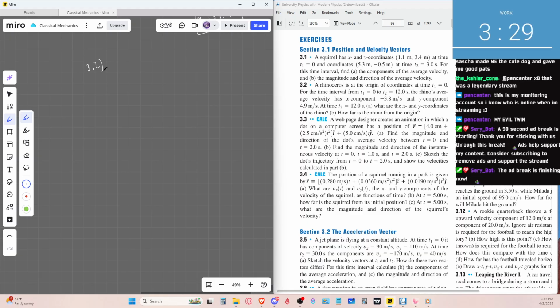Let's see, a rhino is at the origin at time t, so we can just put it as 0, 0. Because I'm thinking it's going to be like y and x. Okay. At time 0, and the second time is 12 seconds.